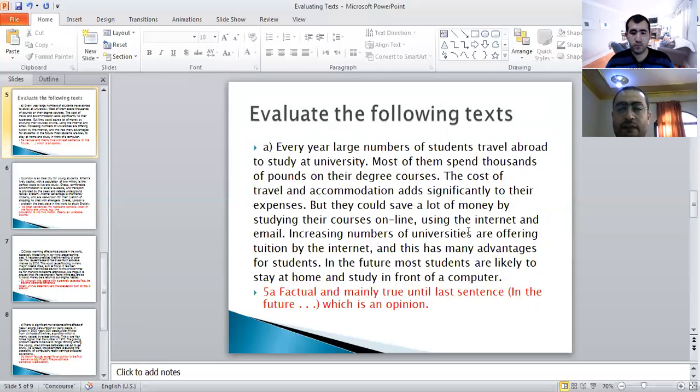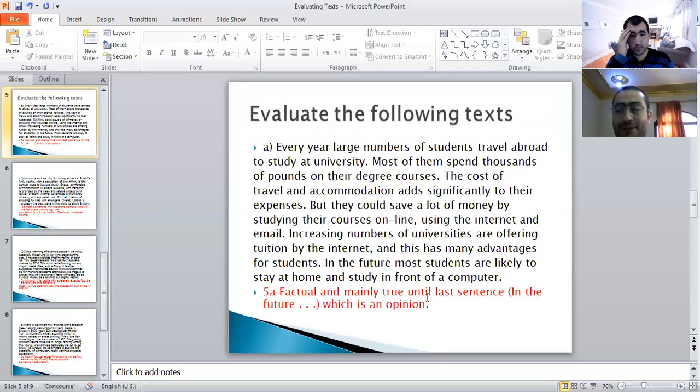Using the internet and email, increasing numbers of universities are offering tuition by the internet, and this has many advantages for students. In the future, most students are likely to stay at home and study in front of the computer.